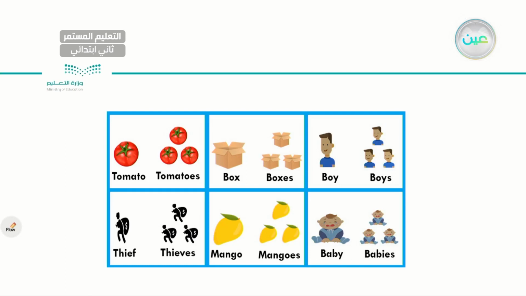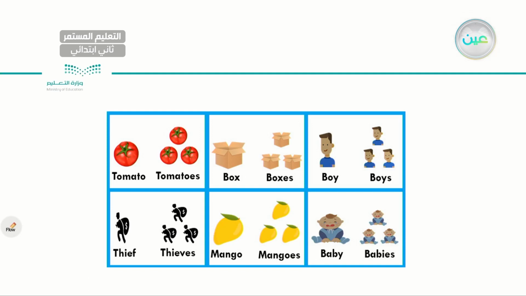Now, here are some additional examples. As you can see, I have tomato, 1 tomato, tomatoes. As you can see here, I have to add ES. I have a box, singular, one box. I have boxes, ES. I have boy, singular. I have boys, plural.